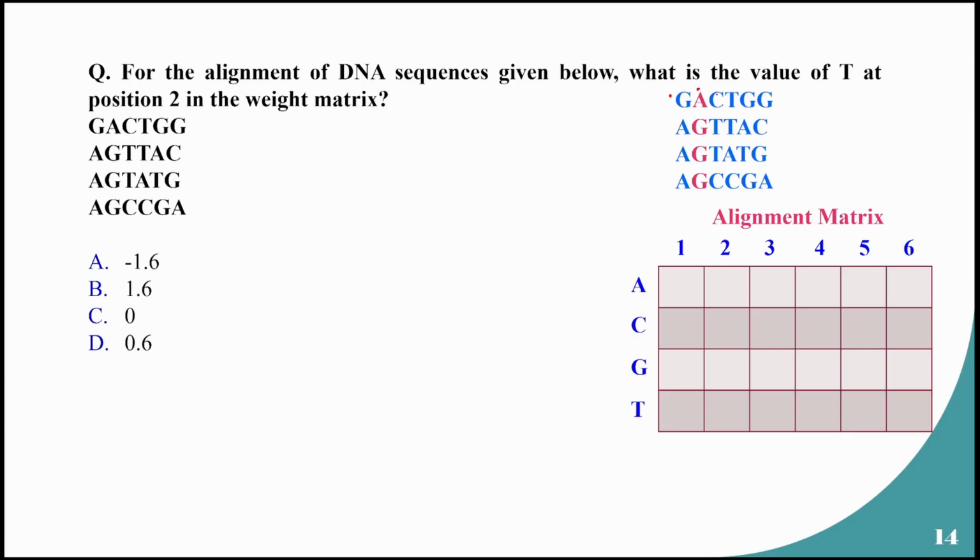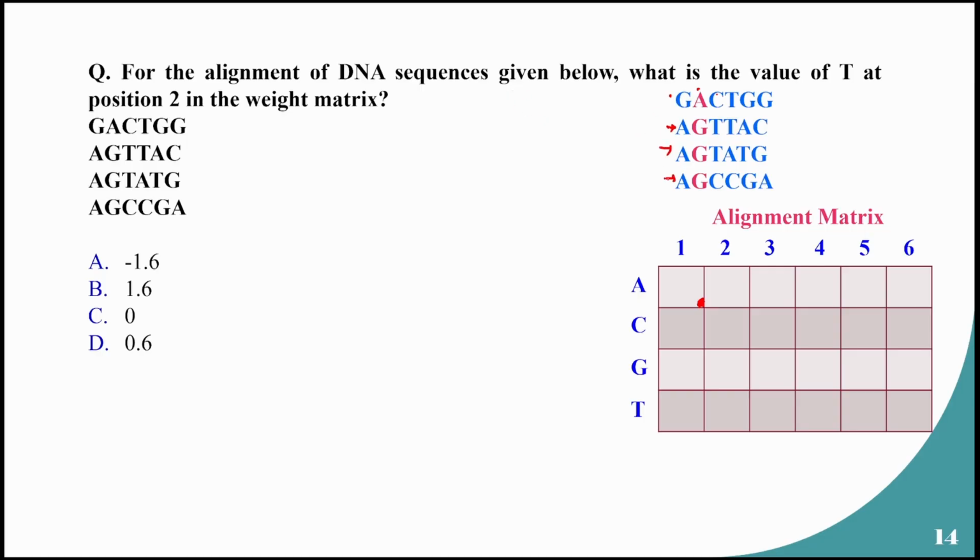From that, can anybody tell what should be the score for the very first cell? The count for adenine to be present at position 1 from all of the sequences that have been provided. Basically, at position 1, how many adenines are present throughout all of the sequences? It's 3, right? You see that for position 1, 3 adenines are present.